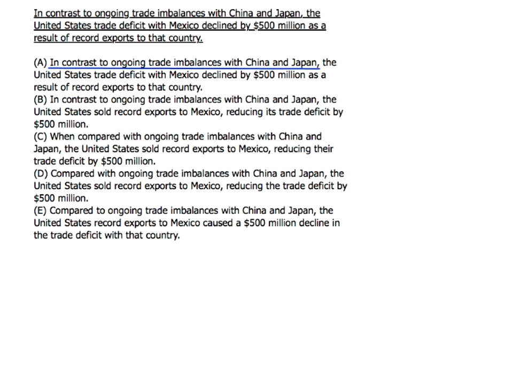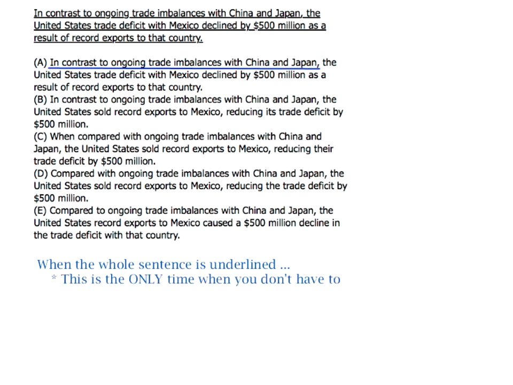Let me try to change your mind on that. Let's have a little chat about what happens when the whole sentence is underlined. The first thing is that this is the only time when you don't have to keep looking up and down and up and down.